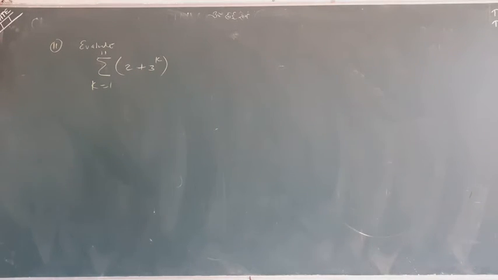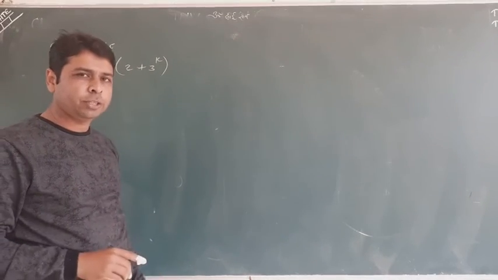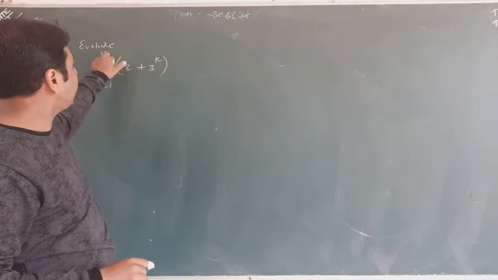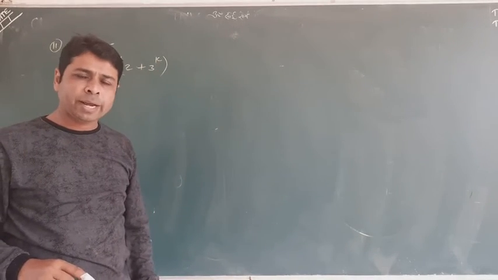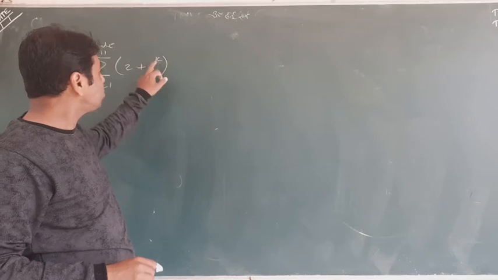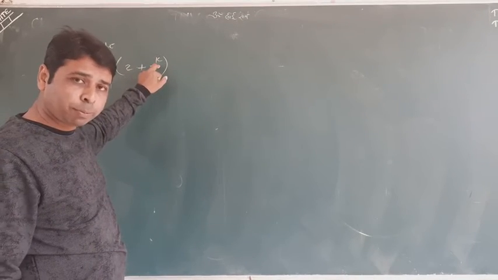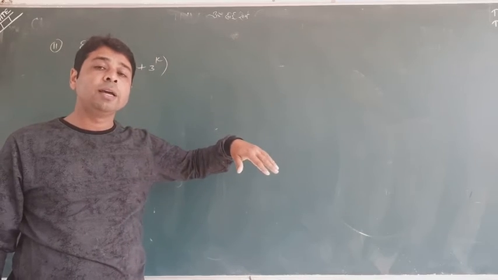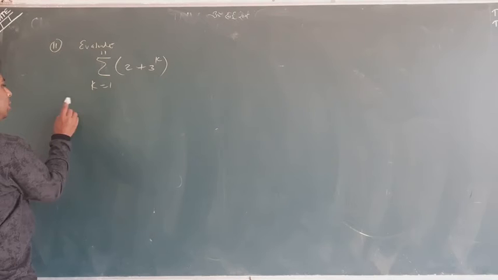What is its meaning? Look, I tell you. Summation means addition. And from k equal to 1 to 11 means we will put k equal to 1 to 11. So we will write, just by putting k equal to 1, then use a plus sign, then 2, then use a plus sign between them until we write 11 terms. So I'll start the solution.